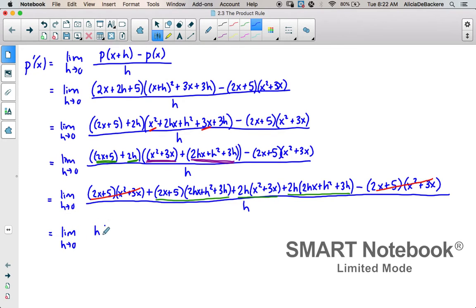So I'm going to have h times 2x plus 5 times, and now for that bracket, the common factor of h has been removed. And then these other guys already had the h factored out, so I'll just copy them down. You could pull a second common factor of h out of this bracket, but it's not necessary.